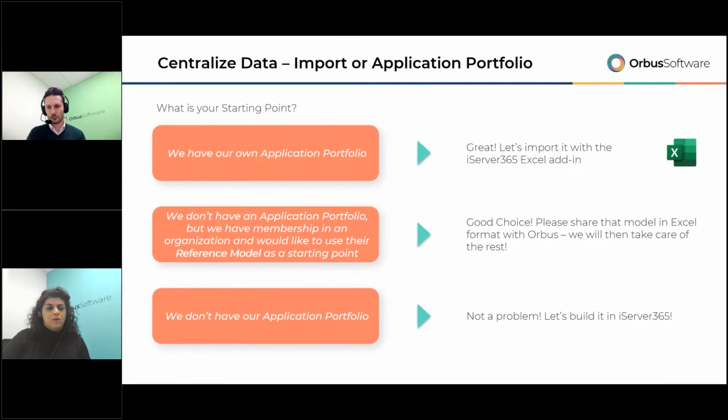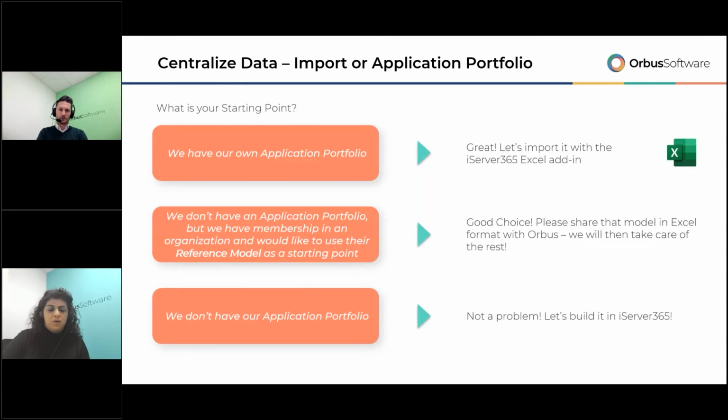So the starting point for application portfolio management in iServer 365 is always looking at what data you currently have. It could be captured in spreadsheets, perhaps managed by different individuals. Some data might be housed in other IT systems, such as your CMDB. Equally, as is often the case, there might not be a single source of truth, or there could be information that is completely out of date.